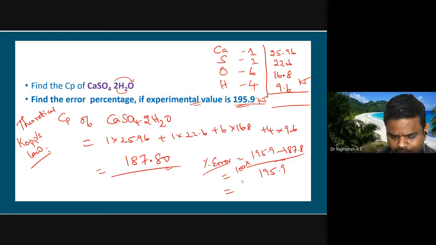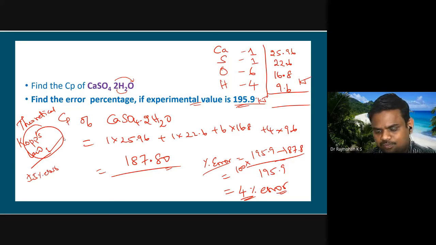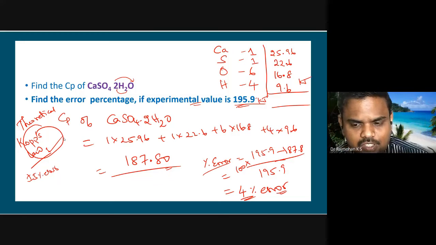We are getting 0.04 into 100, that is around 4% error. So Kopp's law is applicable with a percentage error of plus or minus 5%. That way it is applicable, and Kopp's law can be used to determine the Cp value of solids and mixtures.